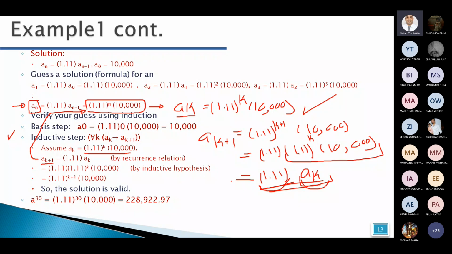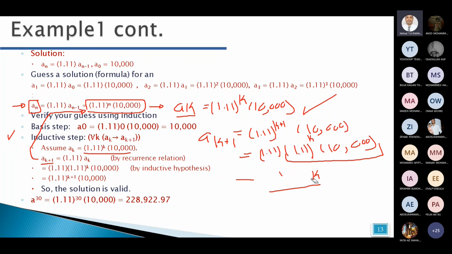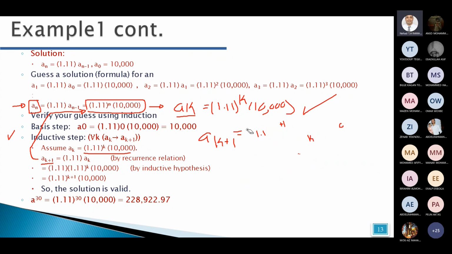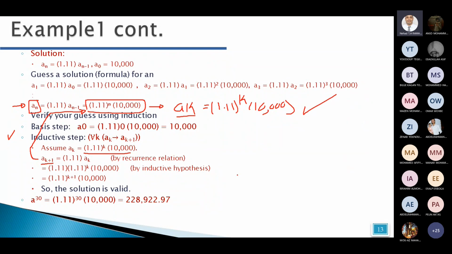It seems I started from down to up. I don't want to confuse you, but I should start from up to down, not the opposite. So for Ak plus 1, you can use the previous way to prove it.